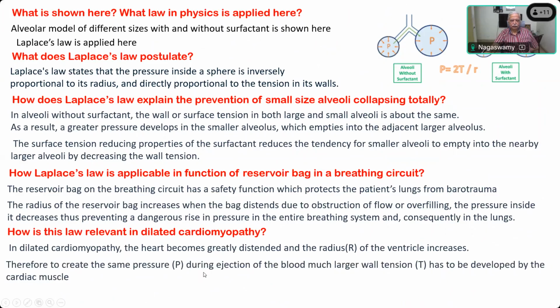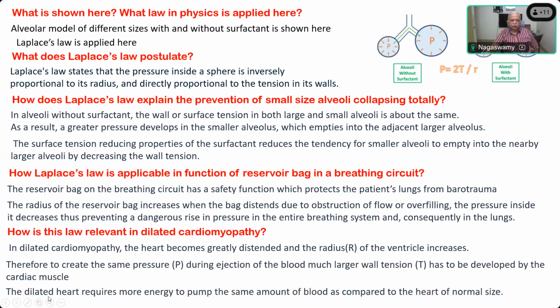Therefore, to create the same pressure during ejection of blood, much larger wall tension has to be developed by the cardiac muscle, and the dilated heart requires more energy to pump the same amount of blood as compared with the heart with a normal size. Okay, so that is how it is applicable in cardiomyopathy. The ventricle size increases, so radius increases, so there is a drop in pressure. So to eject the blood, the myocardium has to contract more than the normal myocardium.